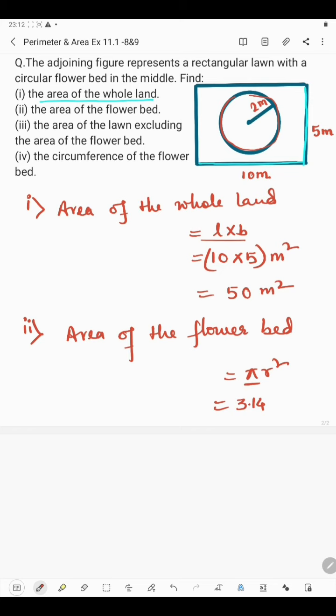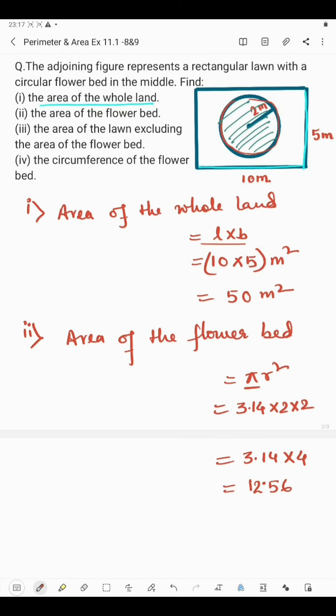From the figure radius is 2 meters, so it's 2 into 2. Now 2 2s are 4, so 3.14 multiplied by 4. So 4 4s are 16, 1 carry, 4 1s are 4, 4 plus 1 is 5, 3 4s are 12. So area of the flower bed is 12.56 meter square. Now in the third part we have the area of the lawn excluding the area of the flower bed.